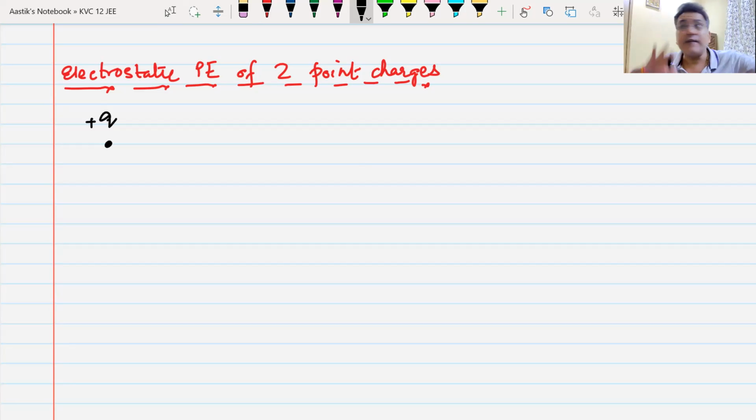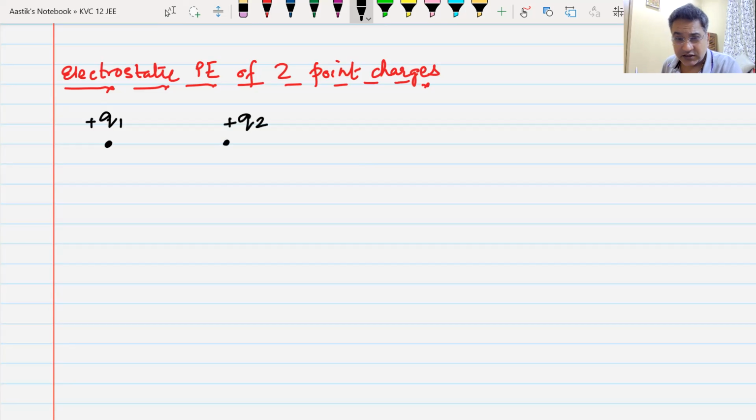Now, if I have to bring another point charge from infinity and put it here, some work has to be done, because now there is electrostatic field created by this point charge. So the electrostatic field or someone has done the work and put another charge. Let me call this first charge Q1 and the second charge Q2.